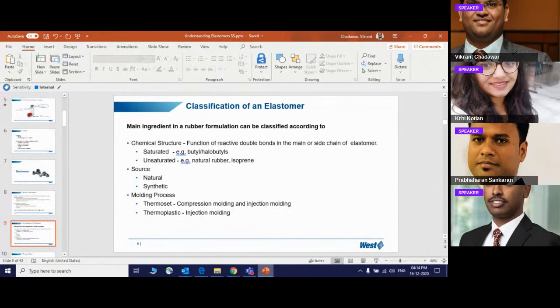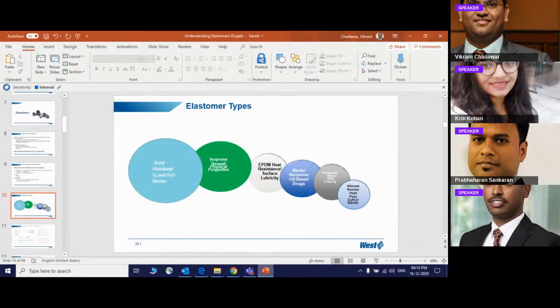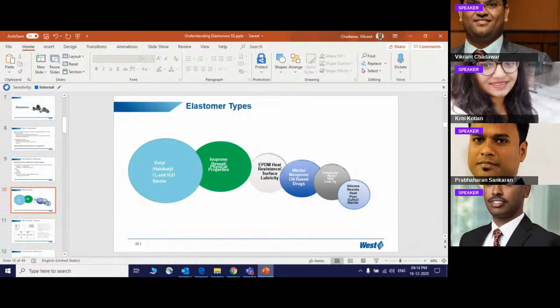That's the reason we at West generally recommend going with butyl or halobutyl rubber, not isoprene rubber. There are some challenges with isoprene rubber in terms of poor resistance to oxygen and water. That is the reason chlorinated or brominated rubbers are generally recommended.